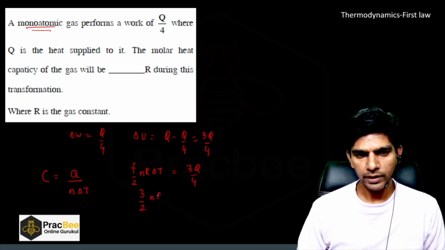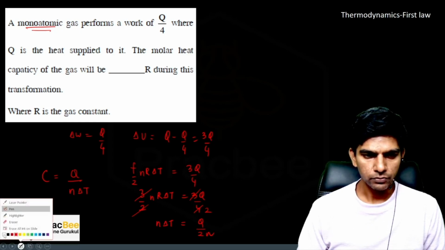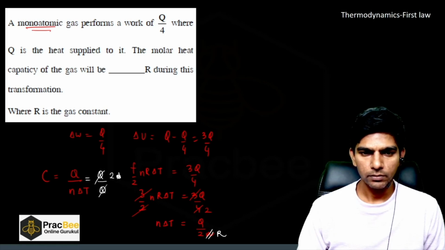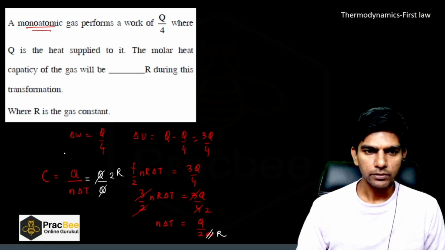So 3 by 2 nR delta T is equal to 3Q by 4. So this 3 will get eliminated and this will give us 2 here. So we can see that n delta T is Q by 2R. Now if I substitute this value in this equation, so it will be Q divided by Q by 2R. Oh, sorry, this n will not be there. So it comes out to be 2 times R, right? So the answer will be 2.